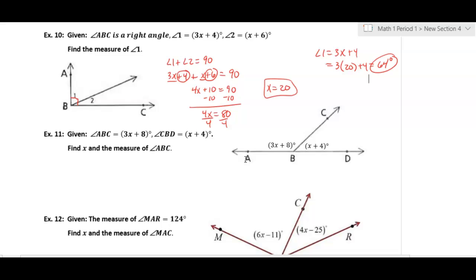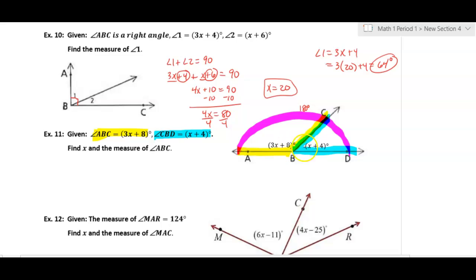All right. Example 11. They tell you angle ABC. So right away, angle ABC is 3x plus 8 degrees. Then angle CBD is x plus 4. Now, when I take those two angles and put them together, how big is that whole angle? Well, if this is a straight line, you start the arc on this line, you end the arc on that line, it's going to be 180 degrees.